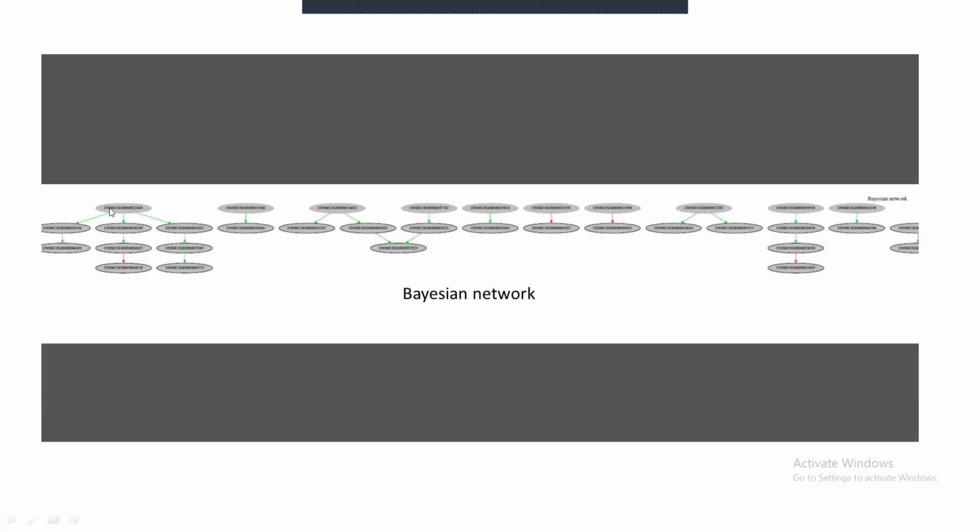Now, the network is created by analyzing associations and statistical interactions between the genes themselves, not between different genes in different samples, but between genes in the same samples, or the same genes in the same sample, for example, in a different time frame, right? So we created a network with these nodes that contain the name of the gene, and we have some green or red lines with arrows.